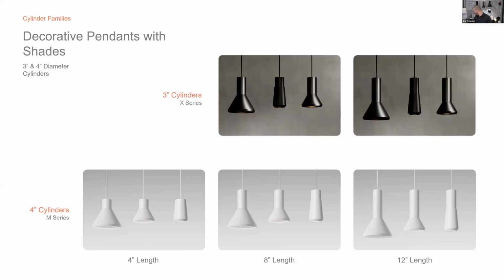Another unique one that I like to point out is the 4-inch M series pendant with the narrow shade. The inset on the inside of that narrow shade is exactly 4 inches, so you end up seeing really just the profile of the narrow shade itself. So it's a really nice and cool looking shade design. But those are all the different options that you see there on the screen in front of you.